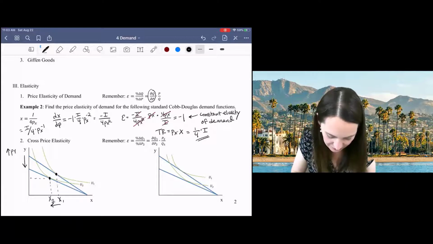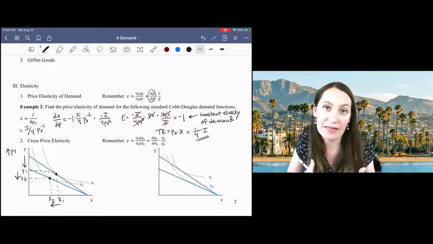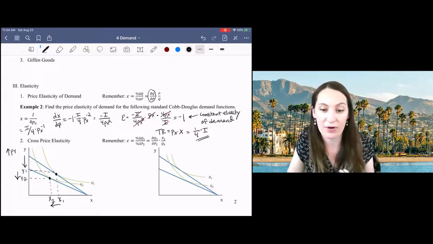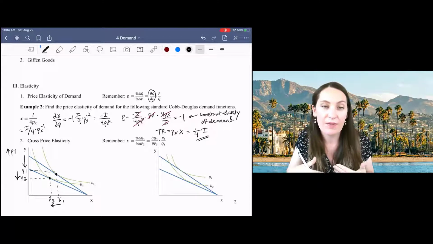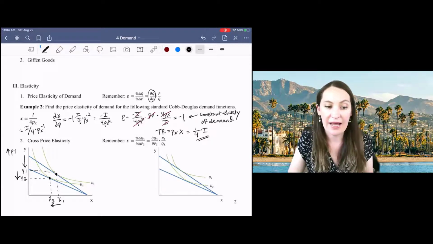Now, when we're thinking about cross-price elasticities, what we're trying to understand is how the price change for one product affects consumption of the other product. So here we want to know, how does this change in the price of Y affect consumption of good X?